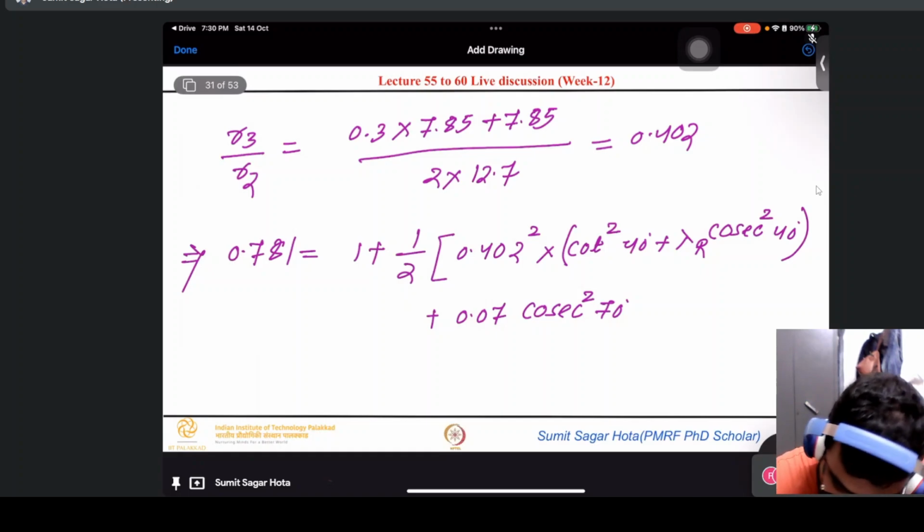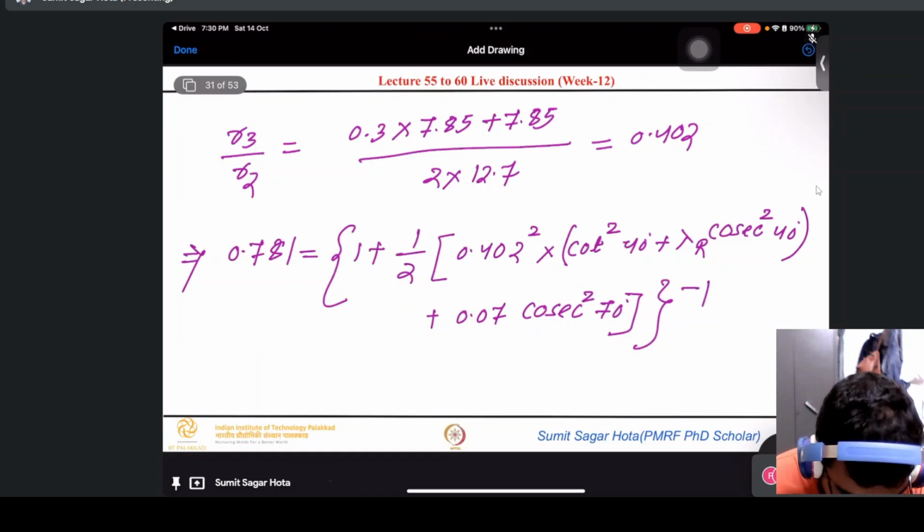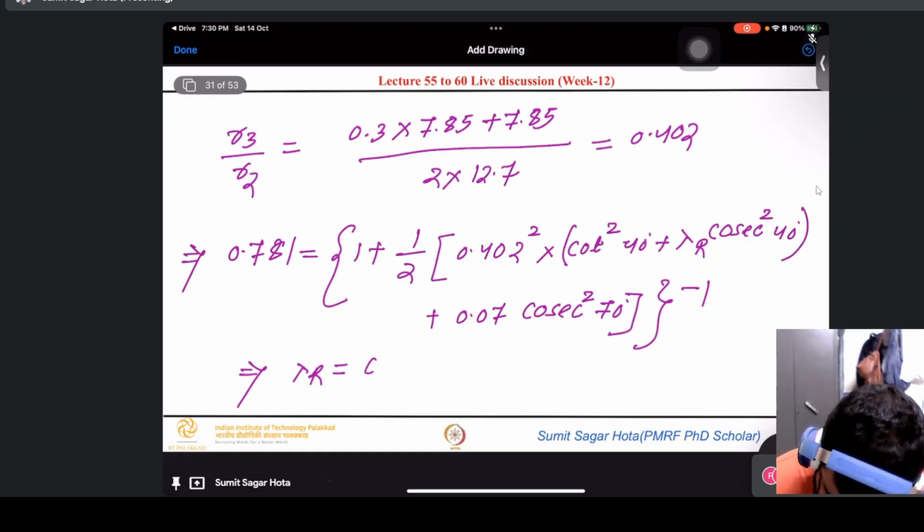Now just take the inverse. If you take the inverse and solve all these things, you will get lambda r as 0.64.